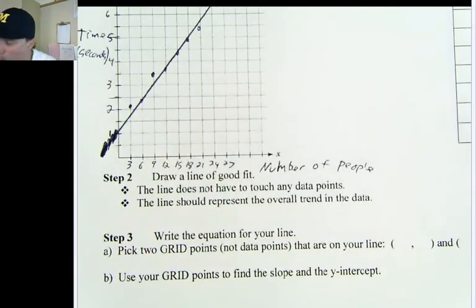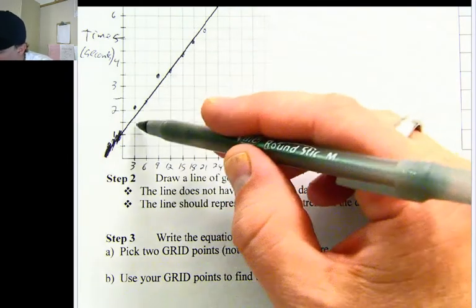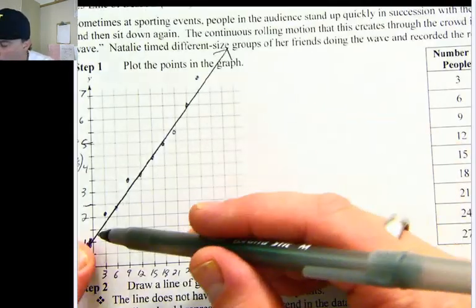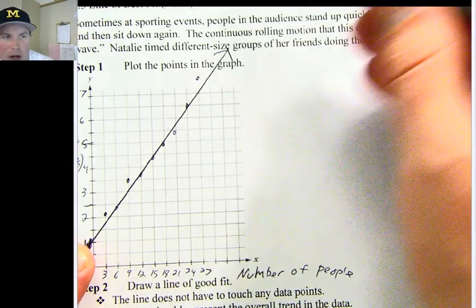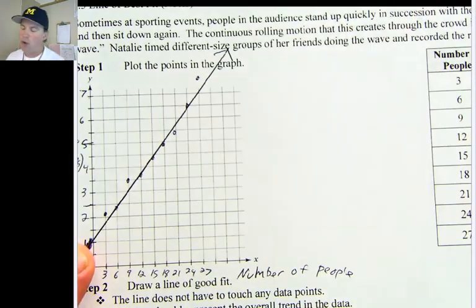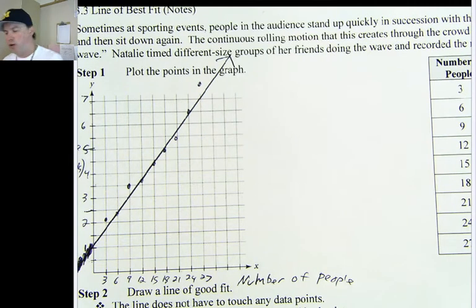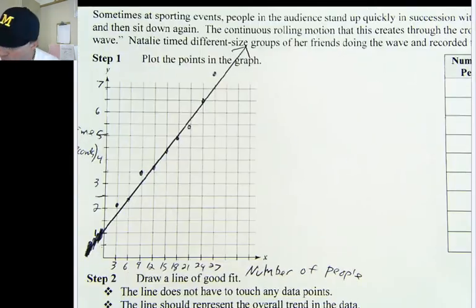All right, step 3. With our line of best fit, we now want to come up with an equation that we can use. With that equation, we can then predict how long it'll take larger sizes to do a wave, or if we have a population, how long it should take them to do a wave. It says pick 2 grid points that are on your line.